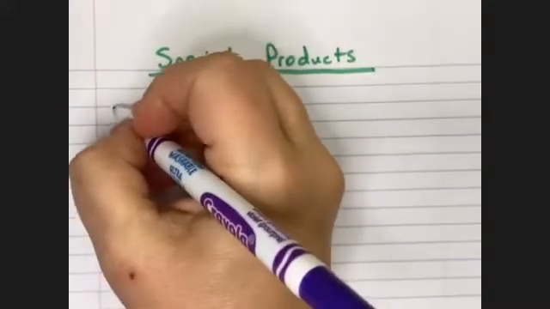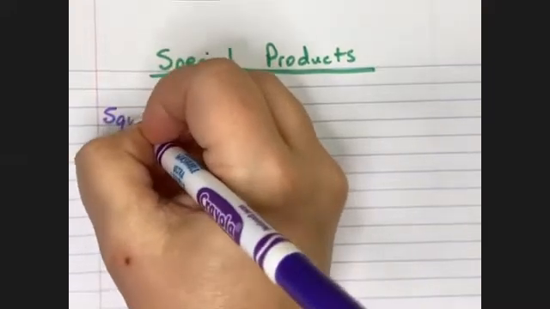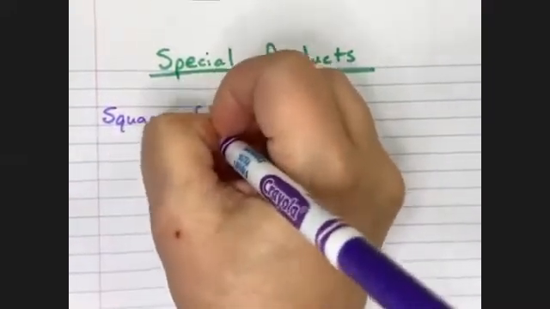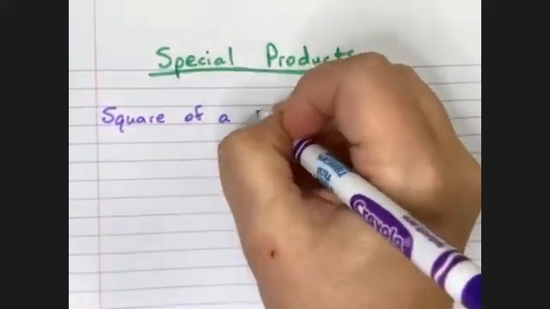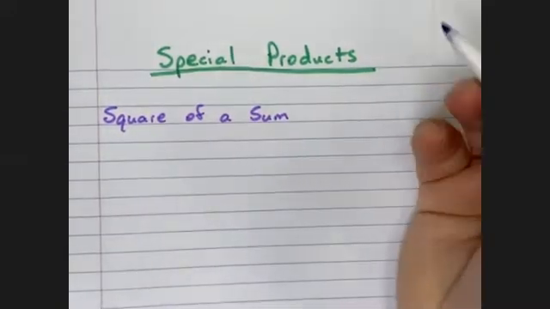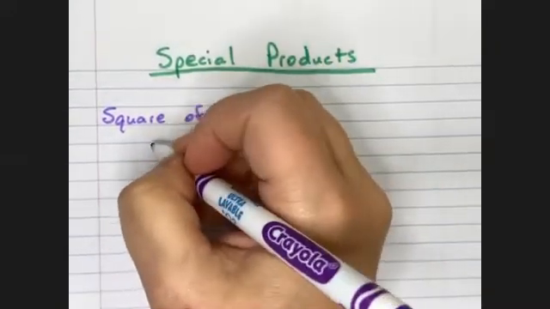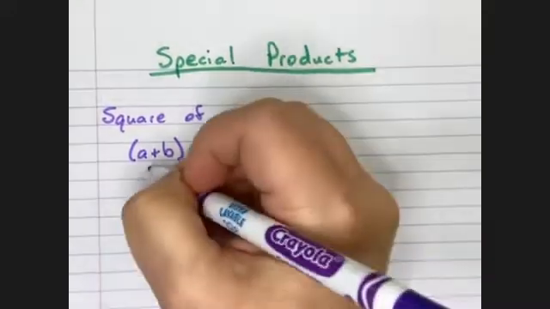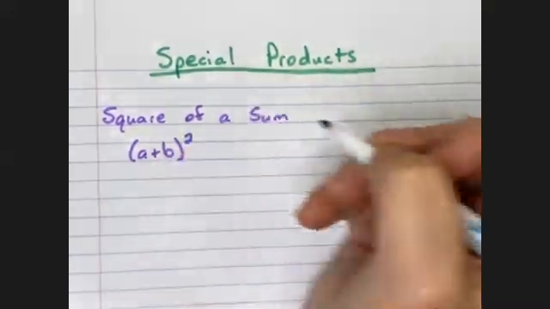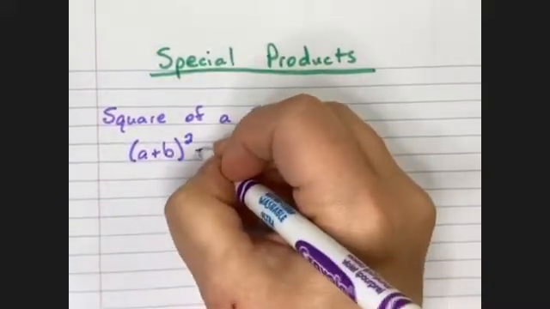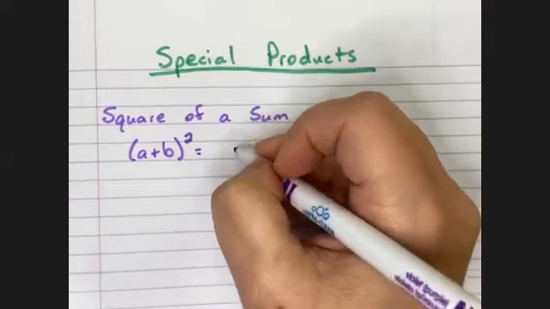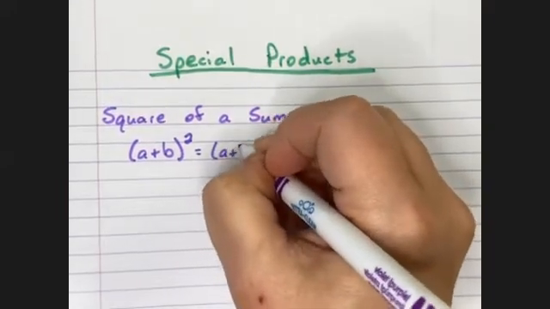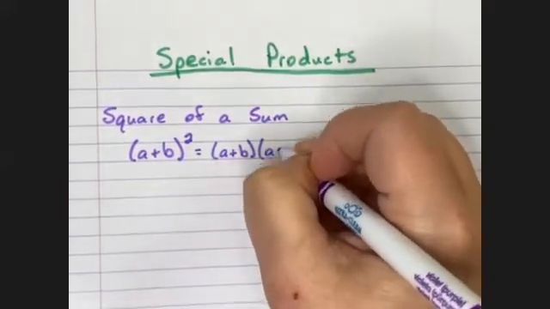So the first one is the square of a sum. And what that says is that if I have a plus b, because this is the sum I'm adding, squared, well, then basically that's just saying I'm going to go a plus b times a plus b.